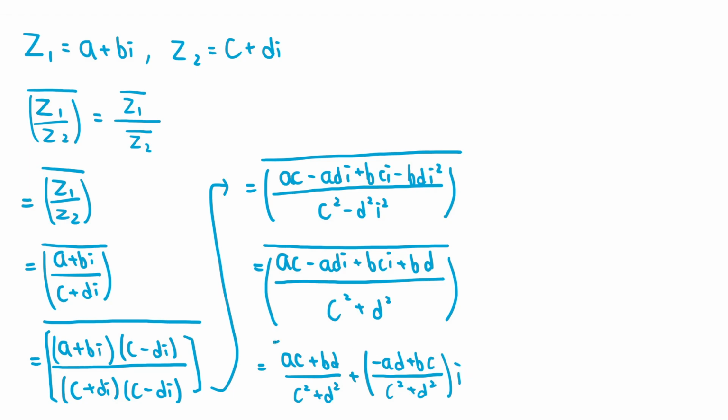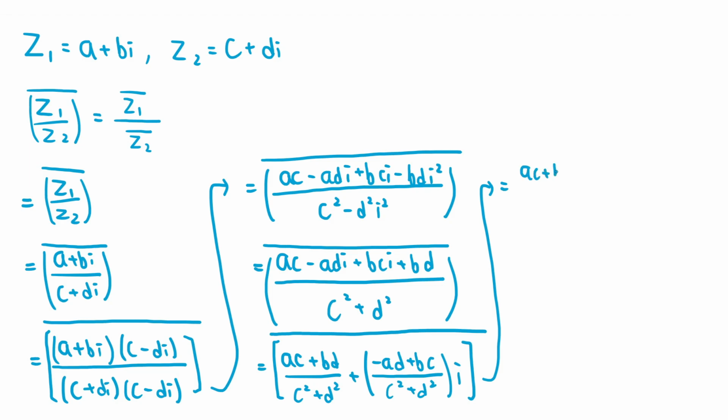All of this is under the conjugate, and to get rid of the conjugate, we just need to invert the sign before the imaginary part. So this is just equal to ac plus bd over c squared plus d squared minus parentheses negative ad plus bc over c squared plus d squared, and this is multiplied by i.